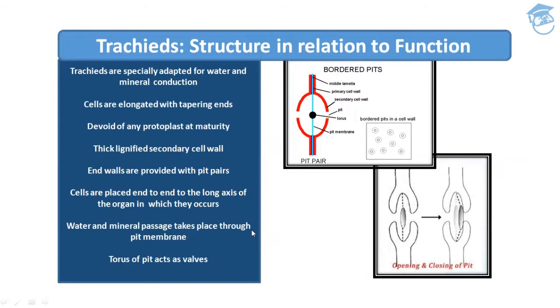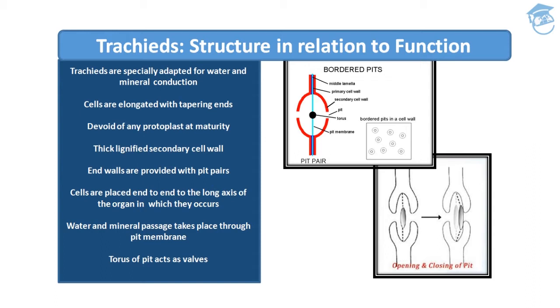Now we'll talk about tracheid structure in relation to function. Tracheids are especially adapted for water and mineral conduction. This is the fundamental cell type of xylem, right? The cells are elongated with tapering ends. They are devoid of any protoplast, because when it matures, it gets converted into a non-living structure.